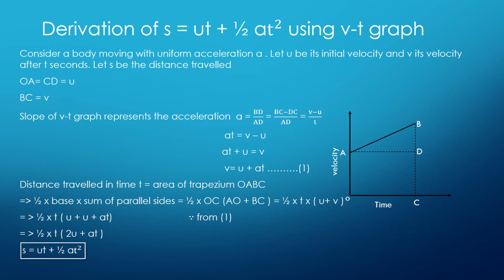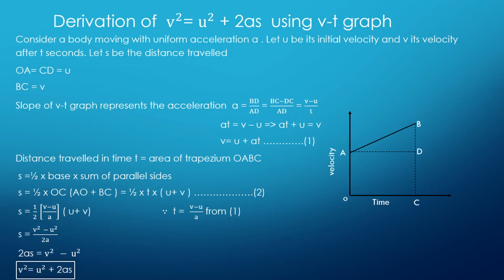Half into T in the brackets of U plus AT. Now, next, half into T into 2U plus AT, U plus U is equal to 2U. Now, distance travelled in time t is equal to ut plus half at square. This is the required equation of motion.